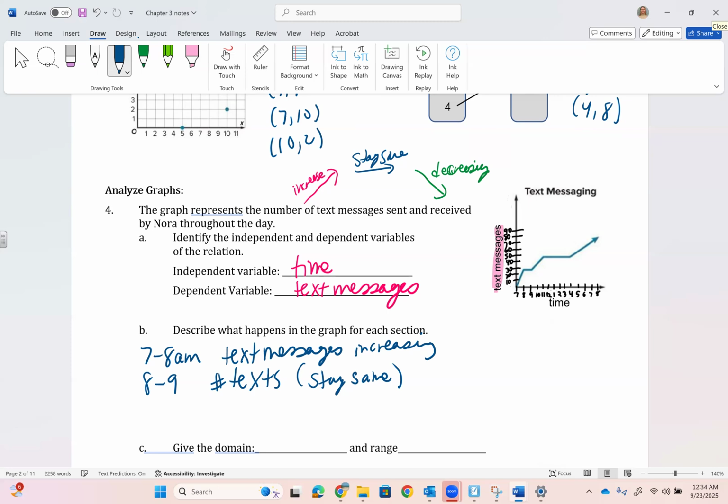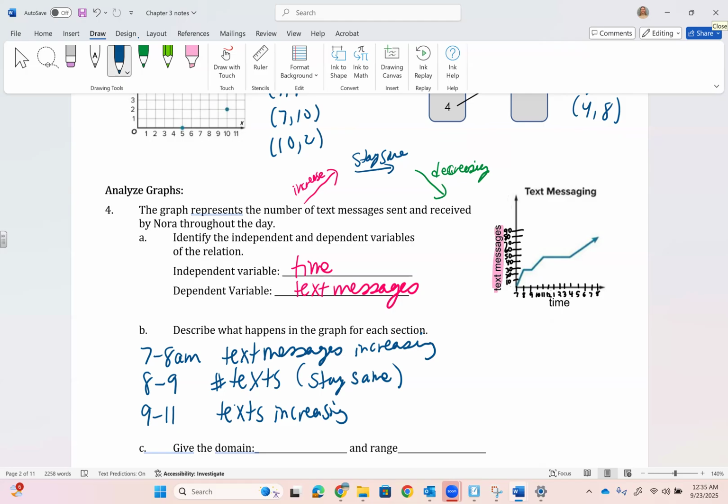It seems like you're not texting, you're not adding more text. And then from 9 to 11, text messages are increasing. So you're sending more. And then maybe you can't use your phone during this time period.